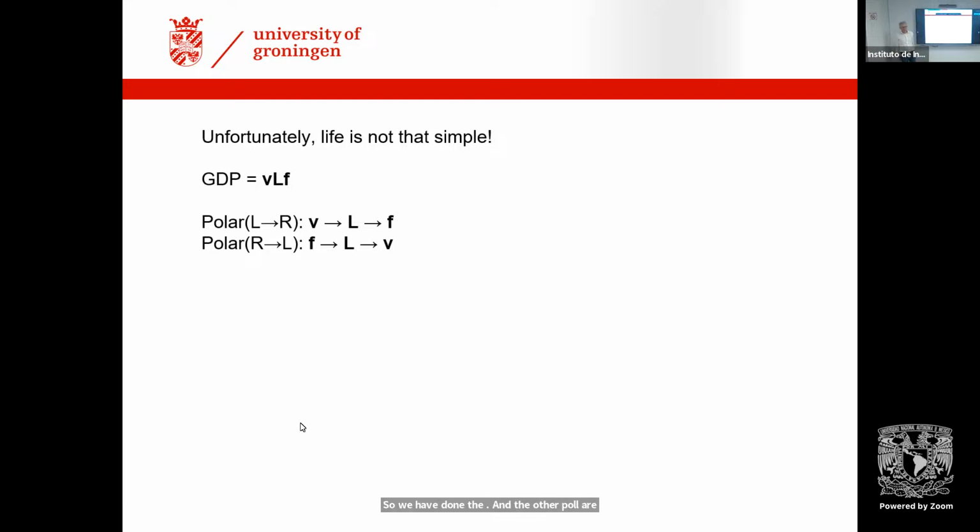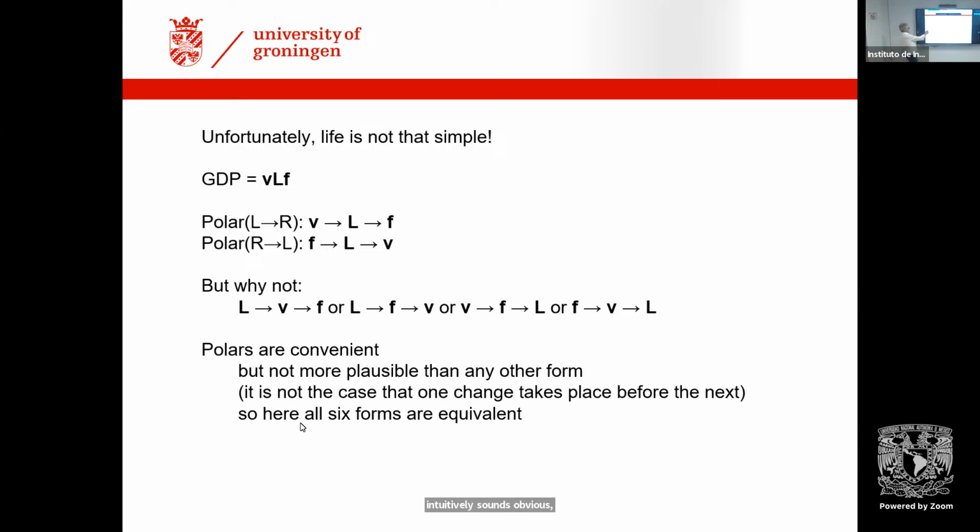Sounds intuitive, sounds obvious, but why not LVF or LFV or VFL or FVL? Who tells me that my choice is better than your choice? I don't know. No one.